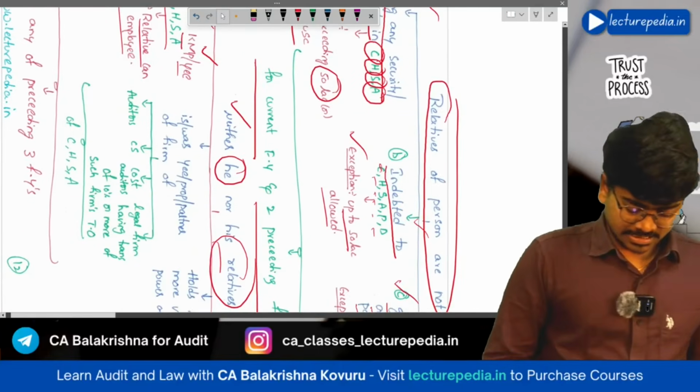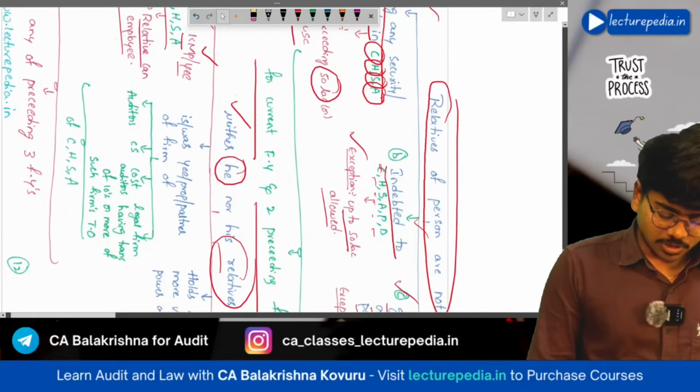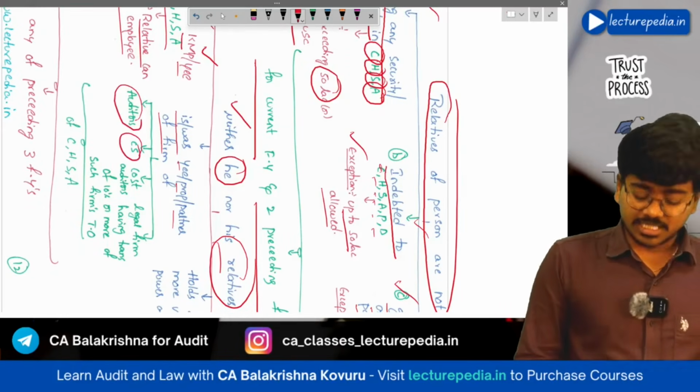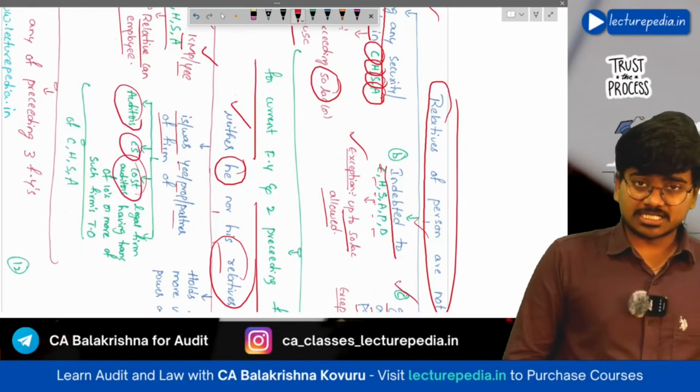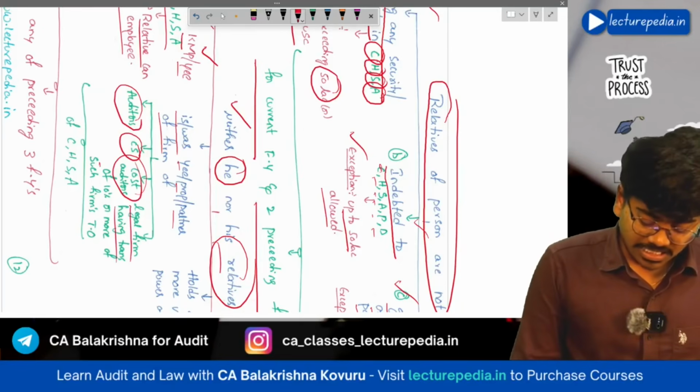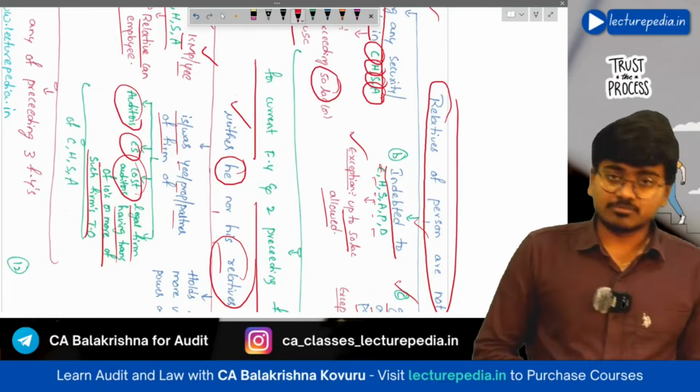Next, neither he nor his relative is or was employee, proprietor, partner of a firm of chartered accountants, firm of company secretaries or firm of cost auditors whom the company has appointed, or a legal firm having transactions of 10% or more of such firm's turnover.